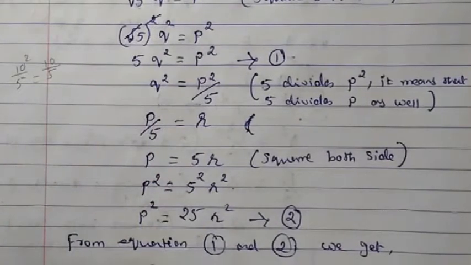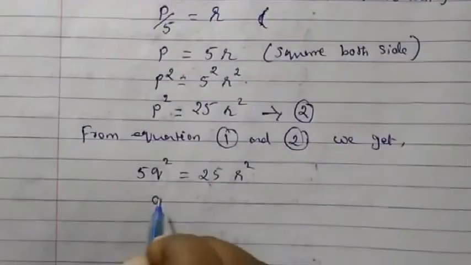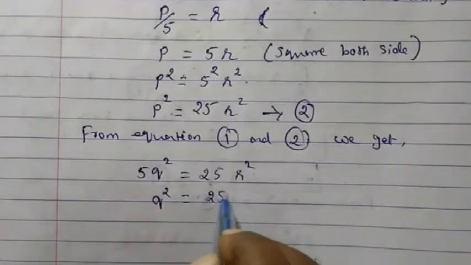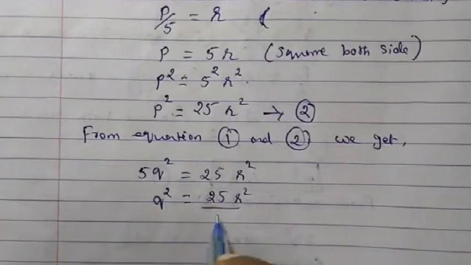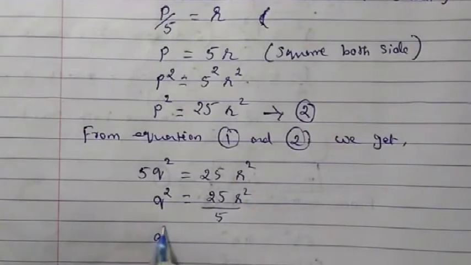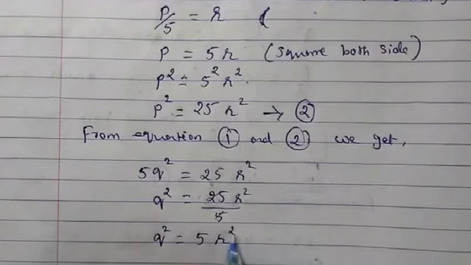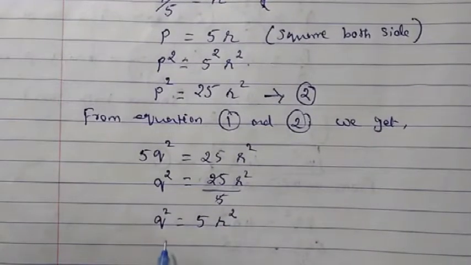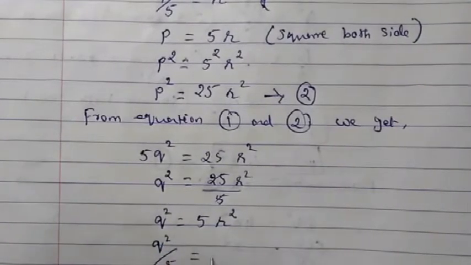So, 5q square equal to 25r square. Now, keep q square one side, bring this 5 this side. So, when you are dividing, we will get 5r square. So, now you can bring 5 this side, keep r square one side.